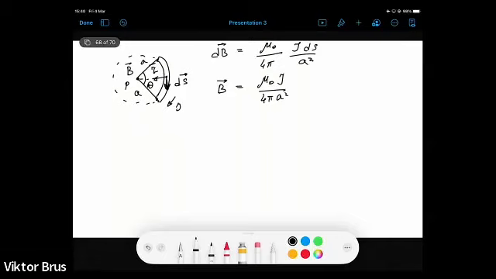It is always at the distance a from the center of this circle. Then we have integral ds. Obviously, if we integrate over s, the length element, all over the conductor, we will get just the length of the conductor. So we can write mu naught I divided by 4 pi a square, and here I can put just capital S, which is the length of the conductor. How we can define it?